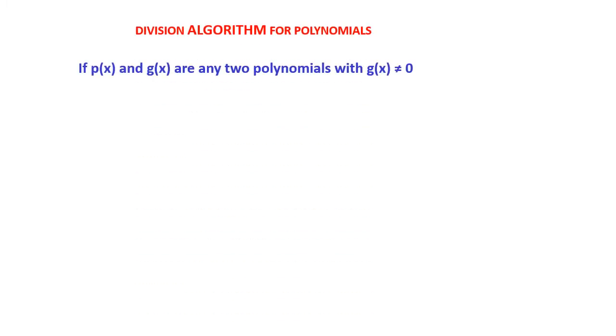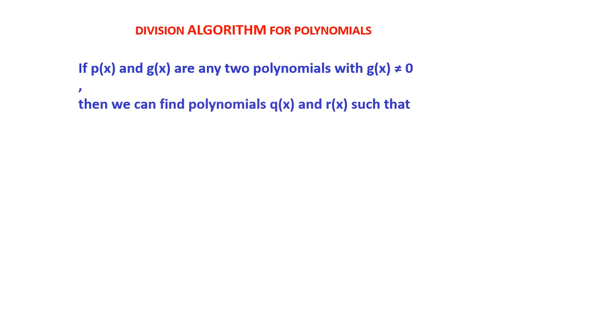Now what is the division algorithm? If px and gx are two polynomials which are given to us, be careful, gx cannot be 0, because if gx is 0, it means the divisor is 0. And how can a divisor be 0? We cannot divide by 0.